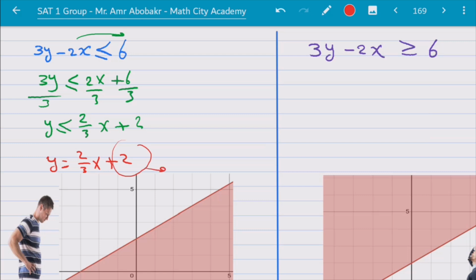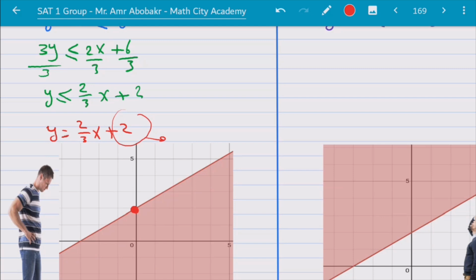This is y-intercept 2. So from here, put a dot. And up 2 steps, right 3 steps. Like 1, 2, and 3 to the right. So put the other point here.